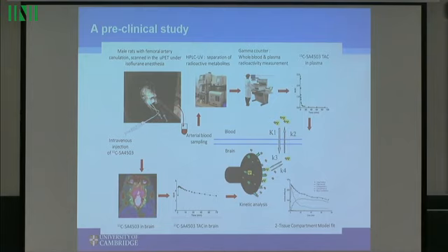And from the scan we would obtain images, which is what people usually tend to see. And from a dynamic scan we can get again a time activity curve from the region of interest, in this case a brain. And then we can perform kinetic analysis to see the movement of the tracer across the blood-brain barrier and its binding to the receptor or the target of interest, and fit models to the data to arrive at our results.